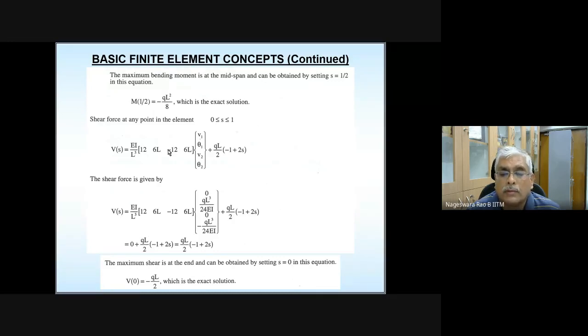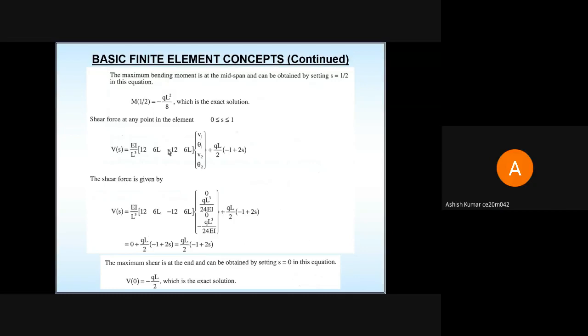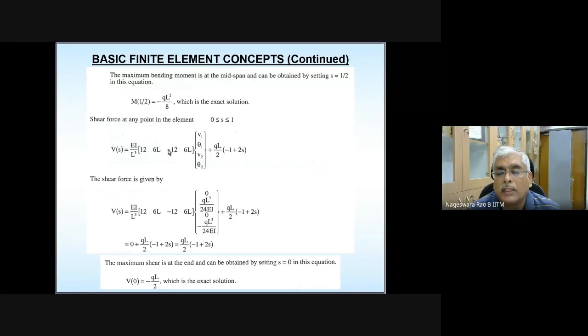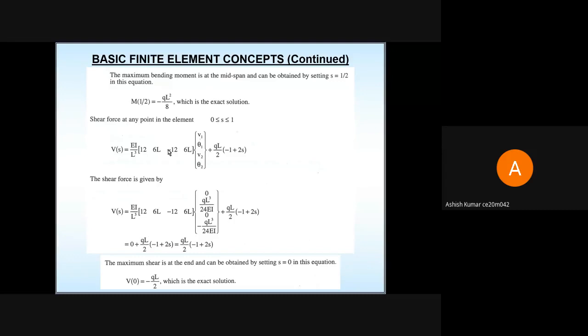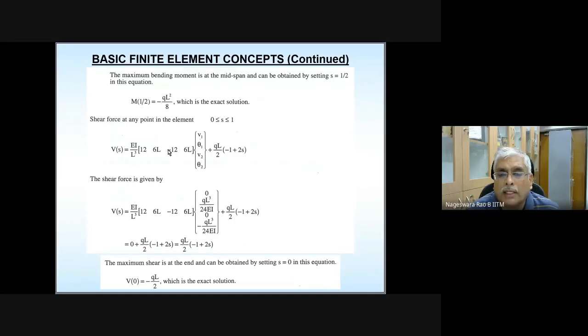Yes. This is internal shear, internal moment. This is not applied shear, applied moment. Okay. Anyway, think about it. We can discuss further. That's a good question, good observation. I'm expecting that kind of thing.